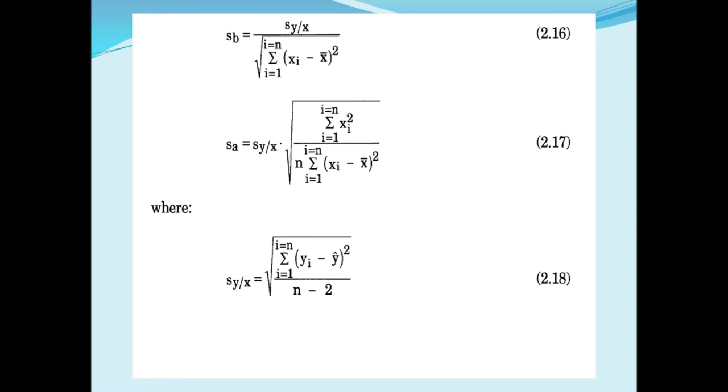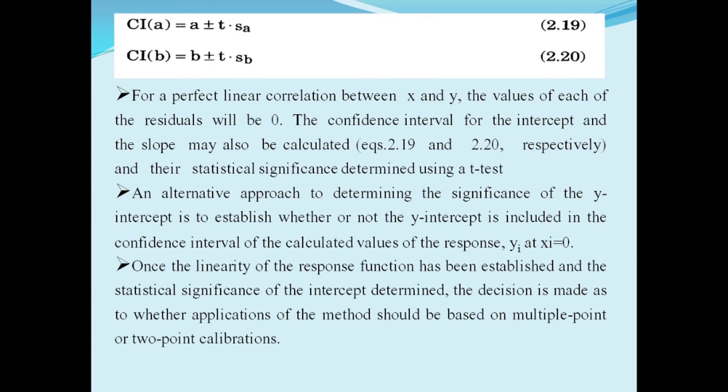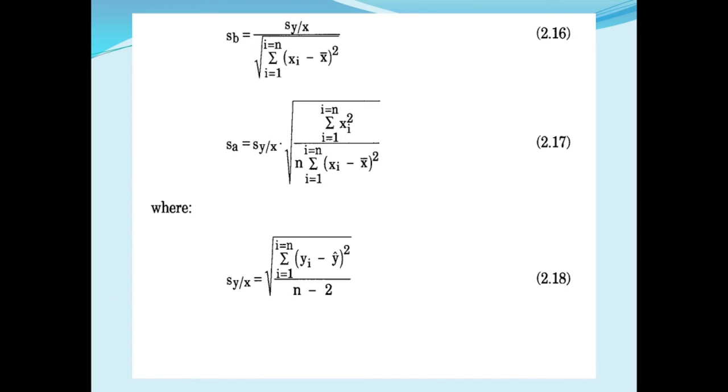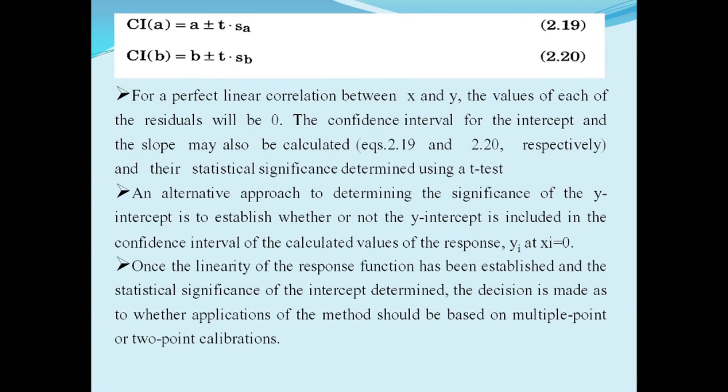The confidence interval for the intercept, which is a, and the slope, which is b, is calculated by using equations 2.19 and 2.20.